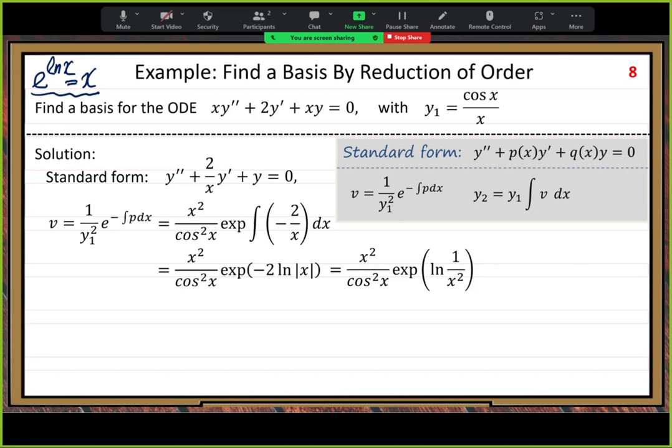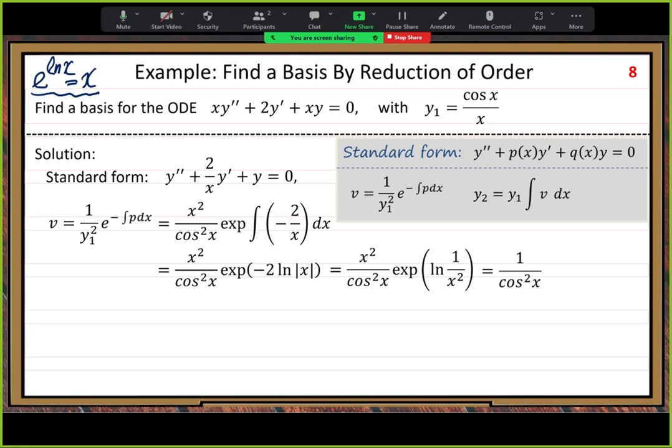Now cancellation. The exp and the ln can be canceled out, right? You remember that formula? The e function and the natural log cancel, and whatever is inside, we just keep it. Inside, 1 over x squared, we keep it. After the cancellation, 1 over x squared, another cancellation: x squared cancellation.